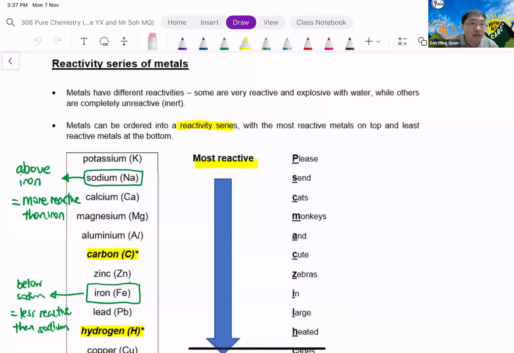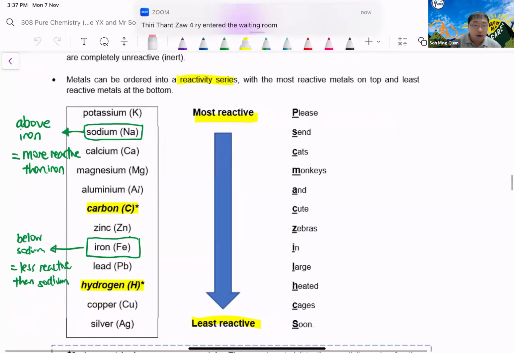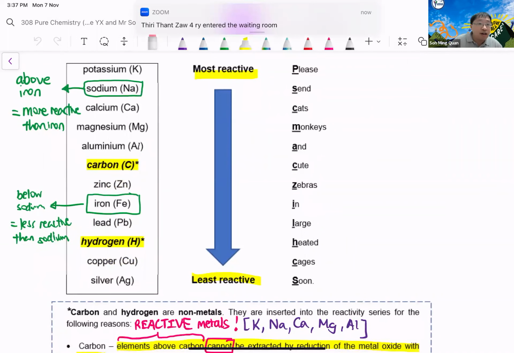They have different properties. And so we came up with the idea, can we order the metals in a reactivity series? Starting with the most reactive metals on top, least reactive metals at the bottom. So this we should know well.